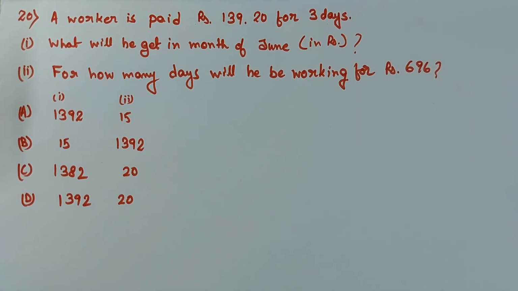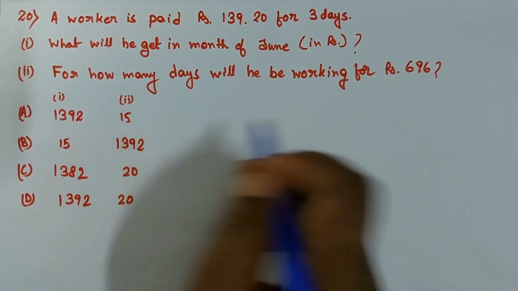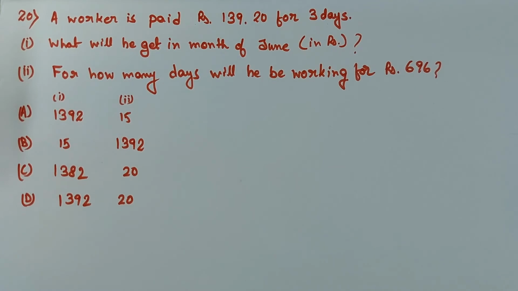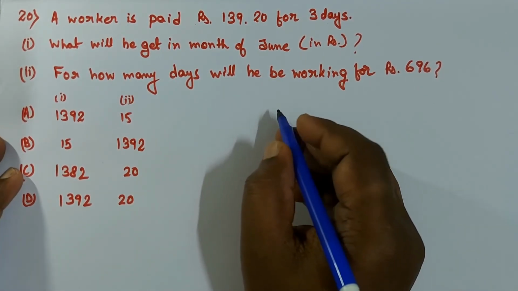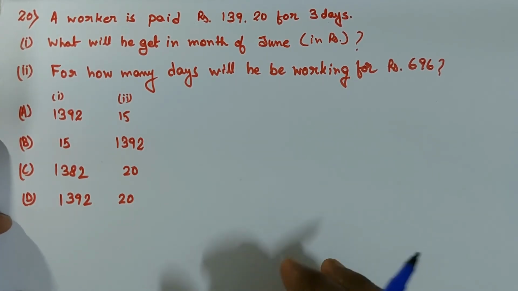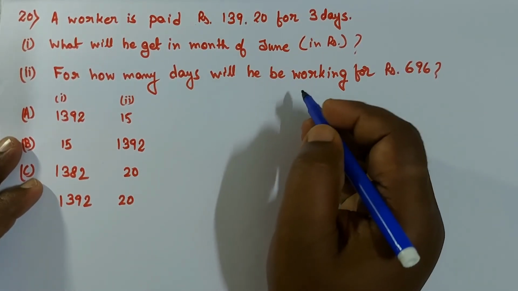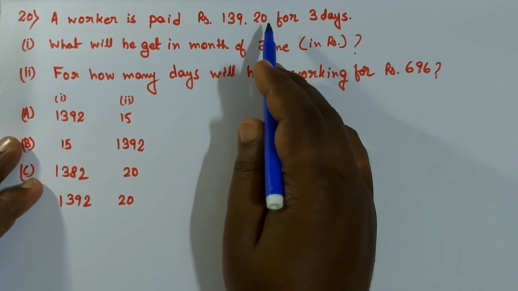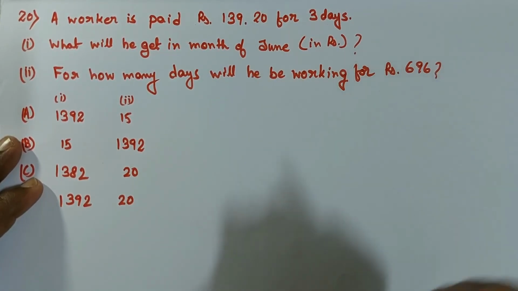So the first sub-question is what will he get in the month of June? So the worker is paid rupees 139.20, so days and earning. Let's write this earning.